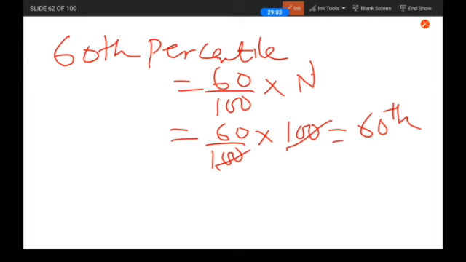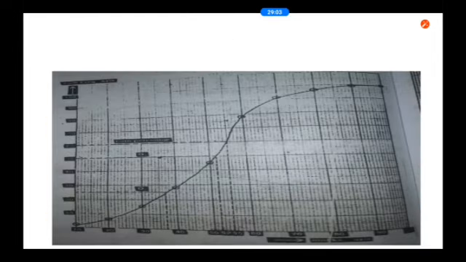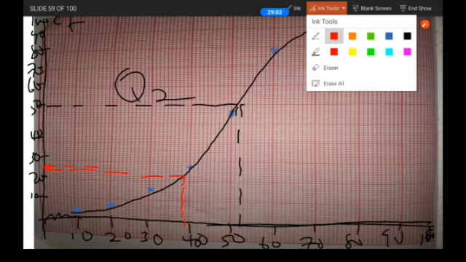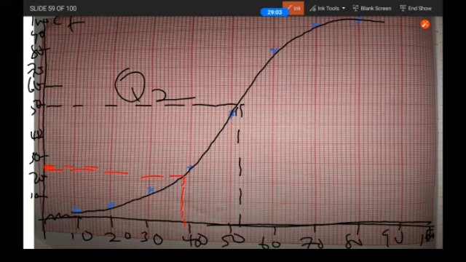So you go and trace 60. The graph is not so clear, but I'm doing it live here. So for the 60th percentile, if you use 60, let's see what we're going to get. You'll be getting 55, correct? This one is the 60th percentile.